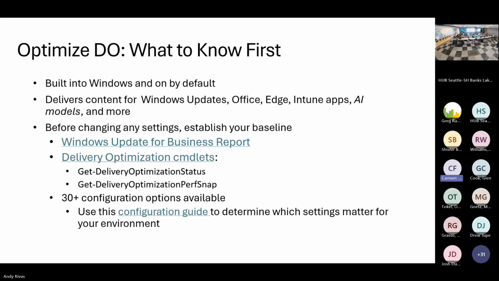And when you look at that, it can be a bit overwhelming because there's just over 30 different configurations that we have. So we have all of that documented for you as well. That's kind of the way I would think about going about really getting the most out of this. See where you're at, and then start to dial it in.